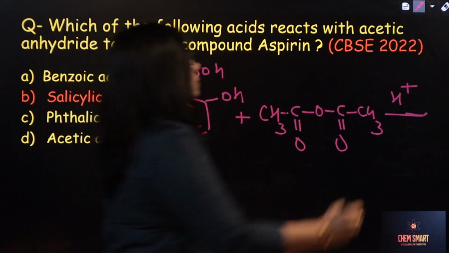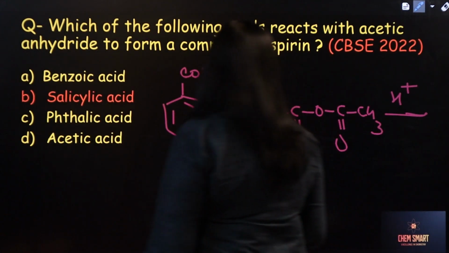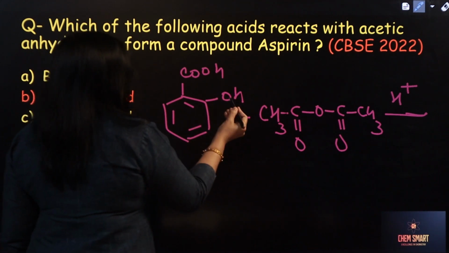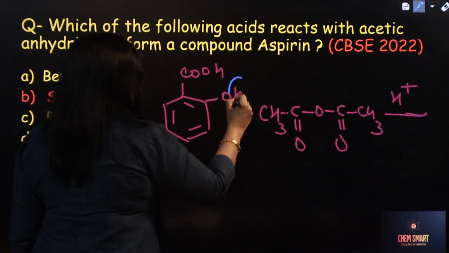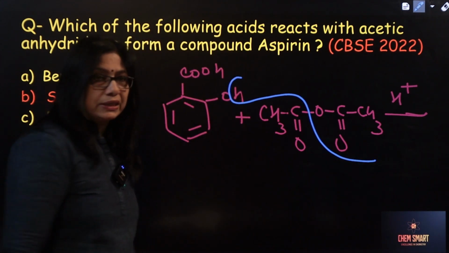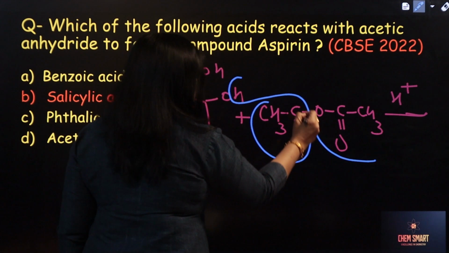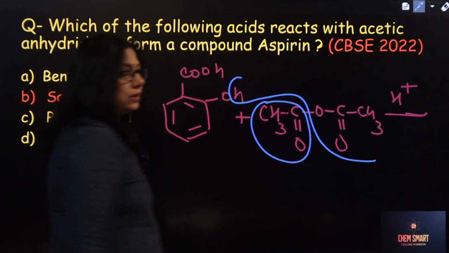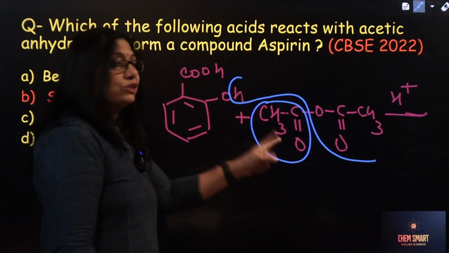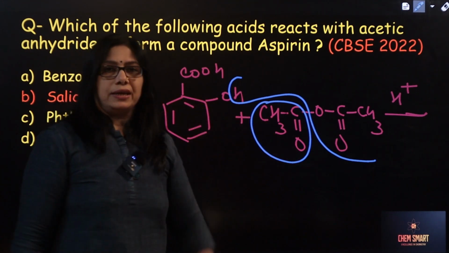What is the reaction happening here? Look, the H of the OH goes with this much. That means in the place of H, the acetyl group is getting inserted, getting substituted. That is why we call it acetylation of salicylic acid.